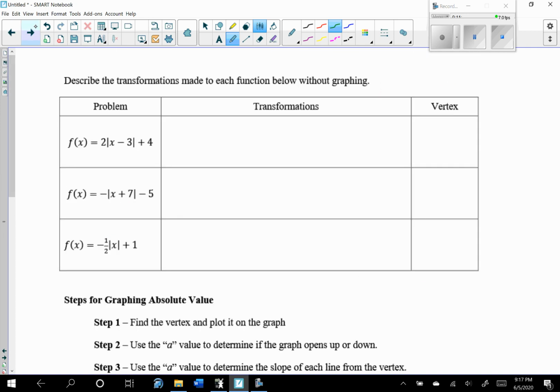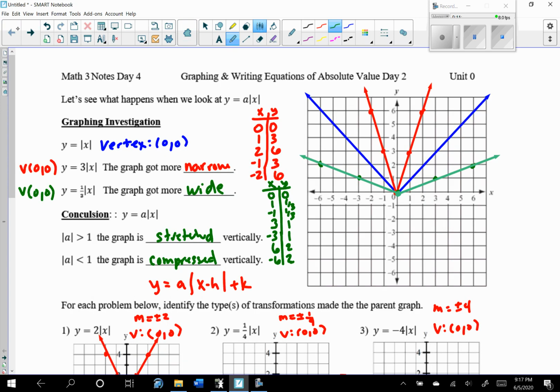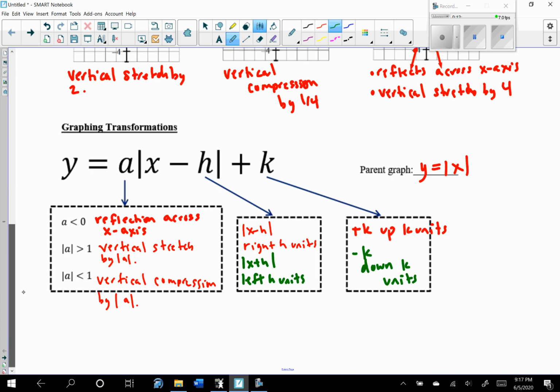Describe the transformations made to each function below without graphing. So for this, you want to identify your A, your H, and your K. So here, notice that your A value, if we go back to our chart, is, in this case, not less than 0, so we're not reflecting it.